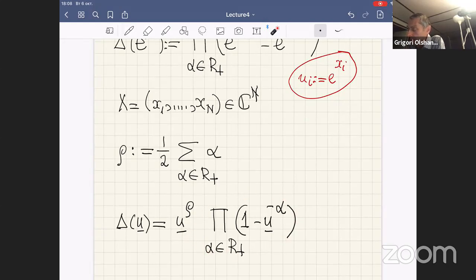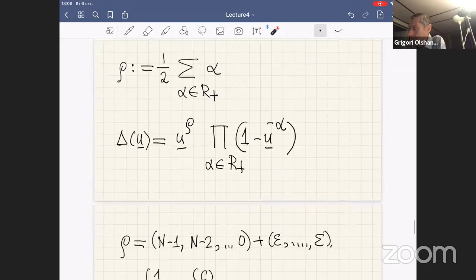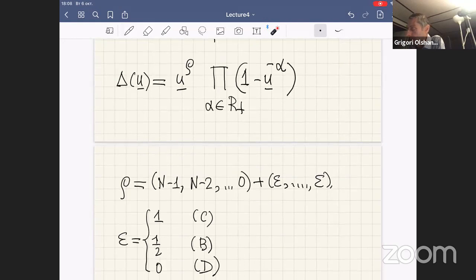Now the whole ambiguity is concentrated here. So this is, in principle, a multivalued function, but it's not. It's defined correctly. So now let's examine this rho. So what is this rho?